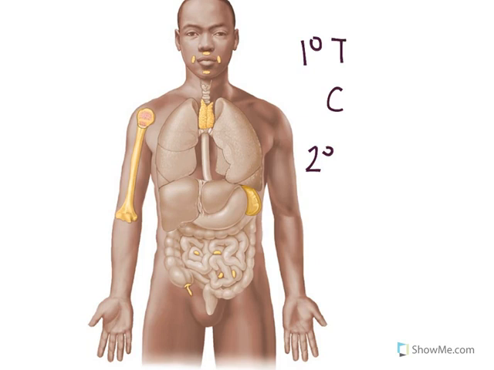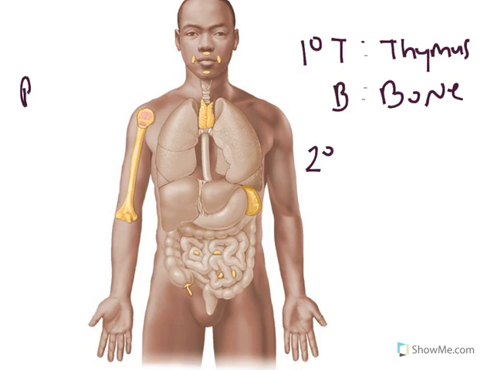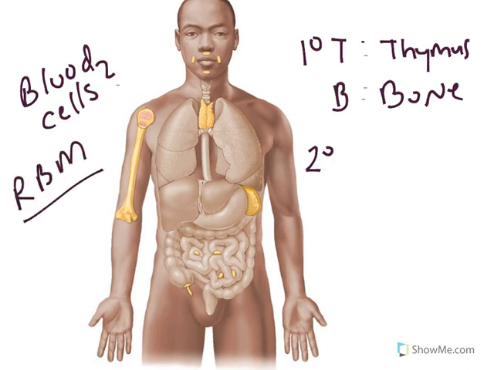The T and B cells are going to mature coincidentally in the thymus gland for the T cell, and for the B cell in the bone marrow. So just to recall again, all blood cells are formed where? In which type of tissue? Hopefully you said the red bone marrow.